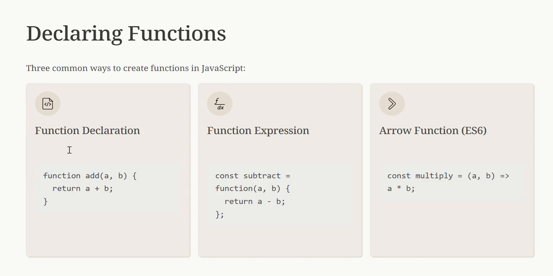The function declaration syntax looks like this: function add, where add is the function name, with parameters passed to this function, and return, which returns the value of the function. The next one is function expression: const subtract, the function name, and again the return.